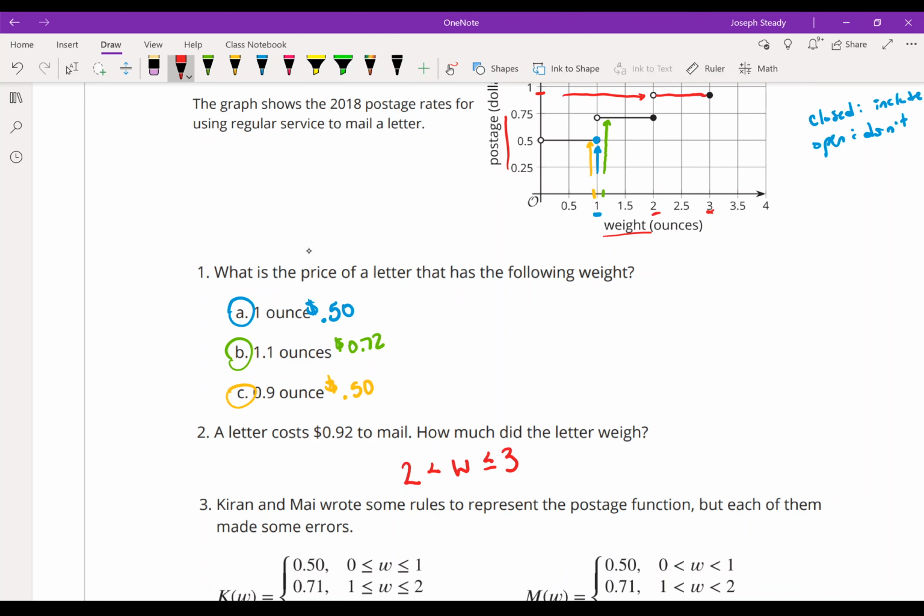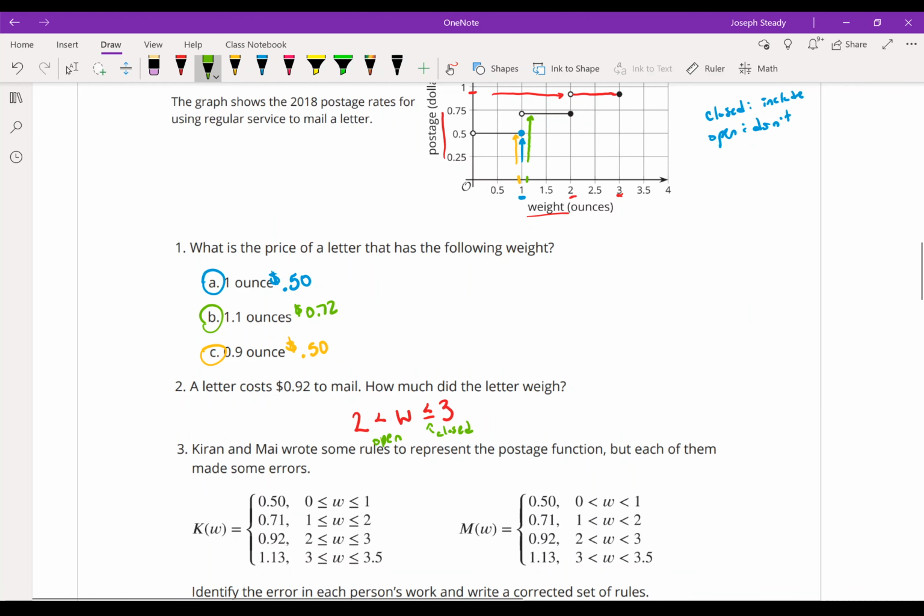Again, like I talked about, this one here is because it's an open circle, and this one here is because it's a closed circle. That's important when it comes to inequalities. So we've used our function here to answer a couple questions.